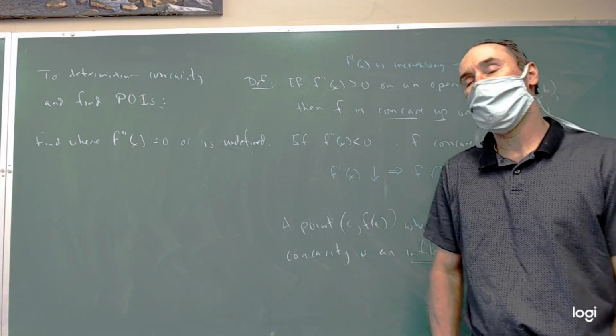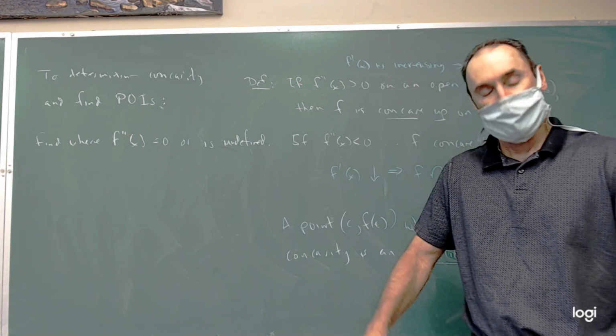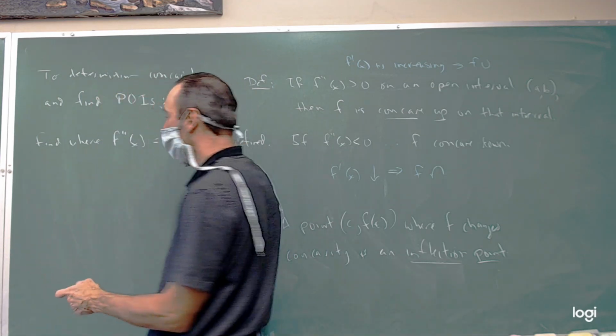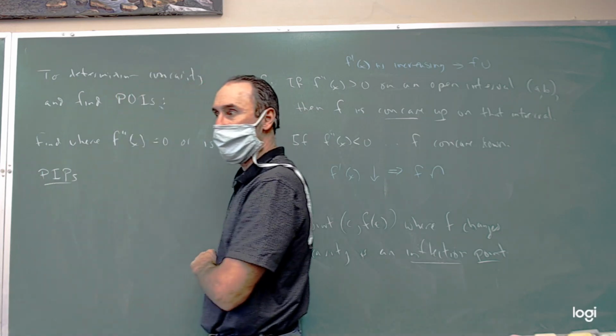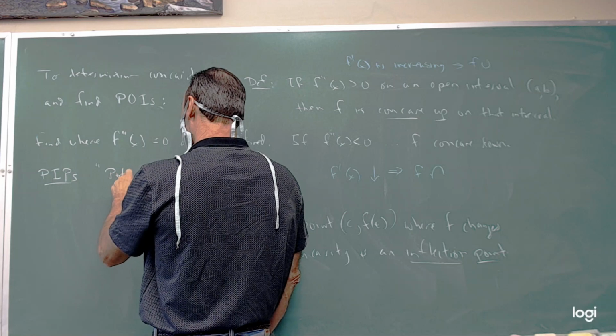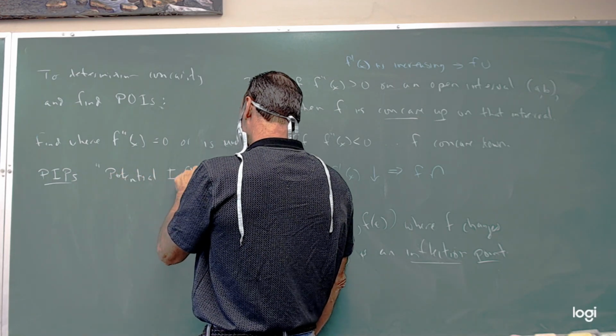There's not a universally agreed on term for this. So I'll tell you what I use that some people use, but it's not universal. So I'm going to call these pips, for potential inflection points.